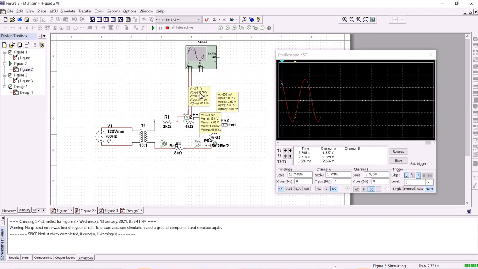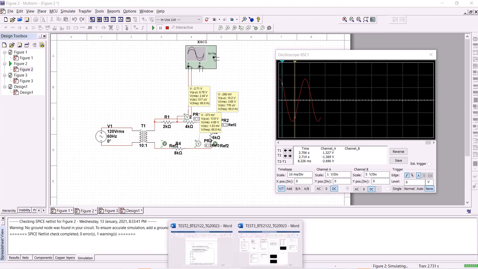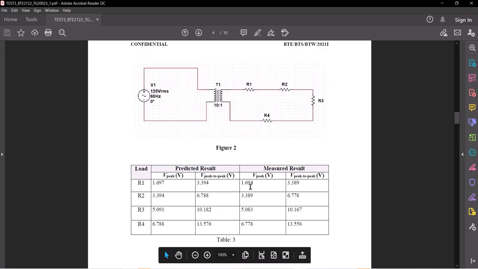From V peak to peak, we can actually calculate the V peak by dividing by 2. For R3, the VRMS is 3.6. For R4, the VRMS is 4.08. But for the actual experiment, I use the oscilloscope for all these resistors, so my values will be to 3 decimal points. This is the value that I got using the oscilloscope.